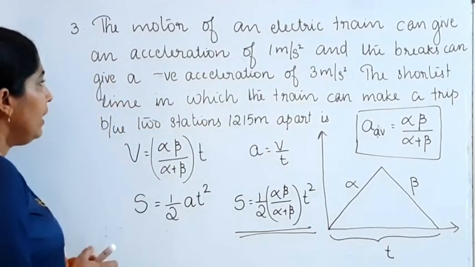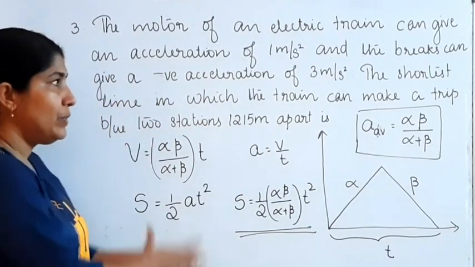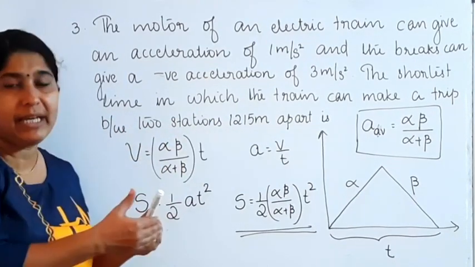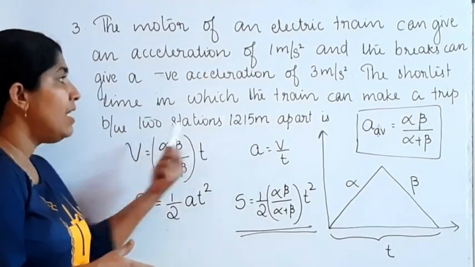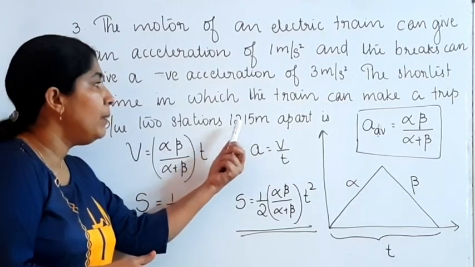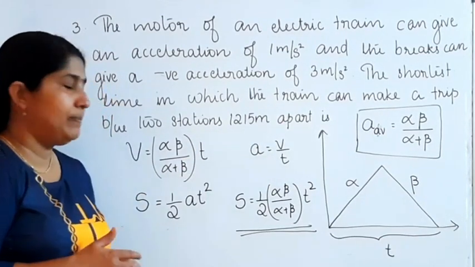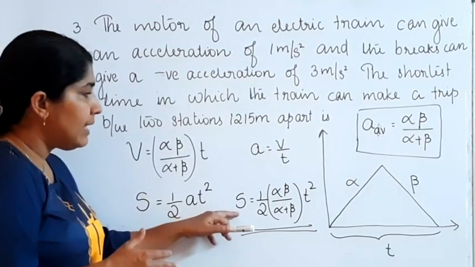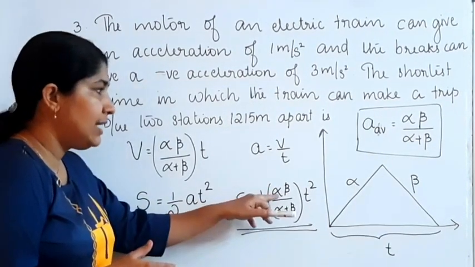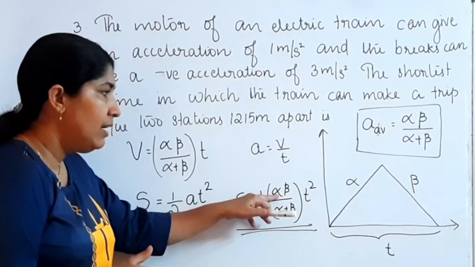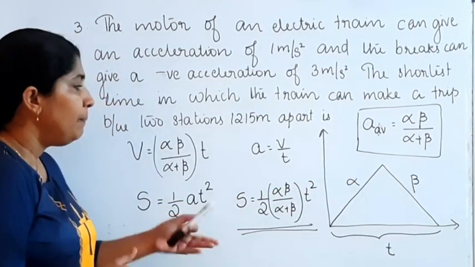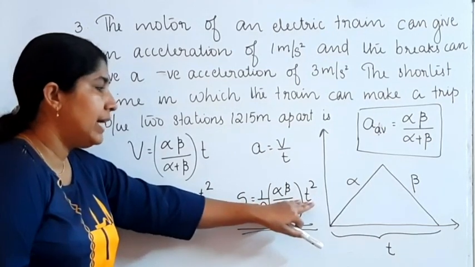Here, in this question, we want to find out the shortest time in which the train can make a trip between two stations which are at a distance 1215 meter. Okay. Here the distance is given, acceleration alpha is given, deceleration or retardation beta is given, then we can find out the time.